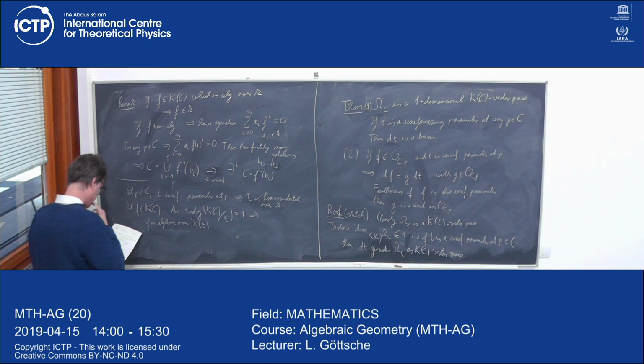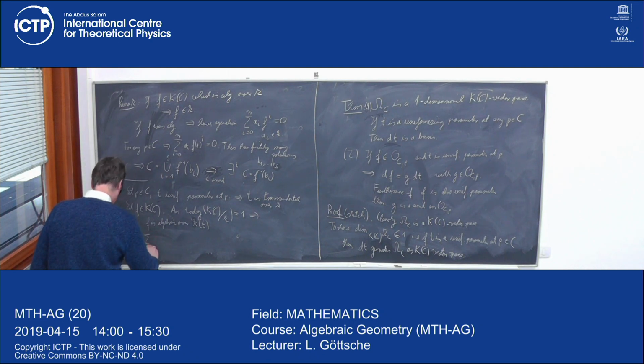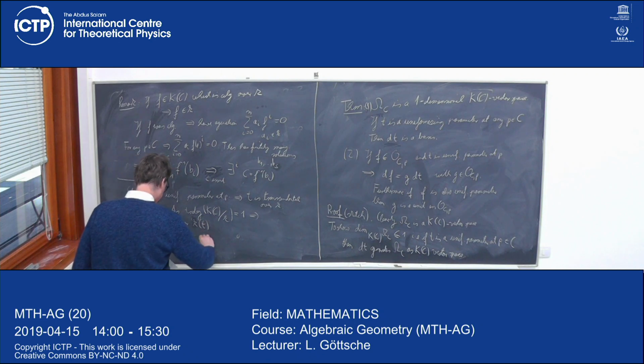So that means we can write the sum for i equals 0 to n of ai(t) f to the i equal to 0 in Kc.